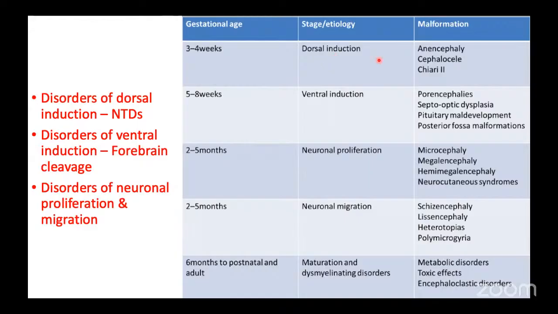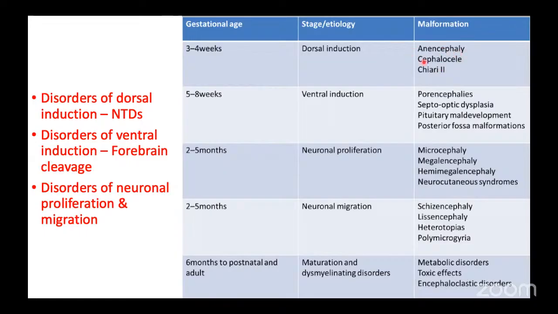So the disorders of dorsal induction, the ones for the spinal cord, we know already. We have your spina bifida, your meningocele, myelomeningocele, rachischisis, craniorachischisis, and so on and so forth. The ones of the brain are the anencephaly, Chiari II malformation, which usually occurs due to the myelomeningocele, which holds the spinal cord down.